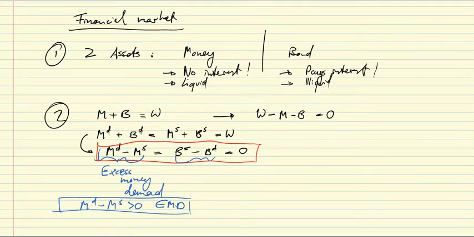You will note that these superscripts differ. On the left hand side it's MD minus MS, whereas on the right hand side it's BS minus BD.